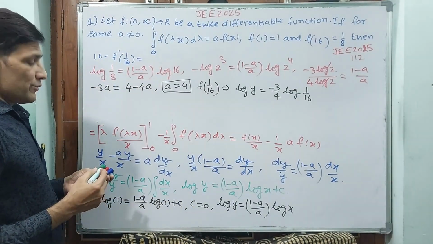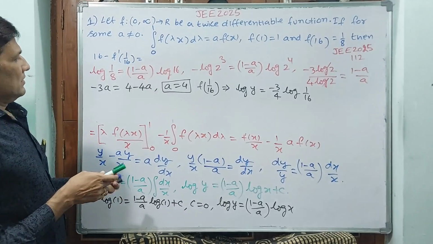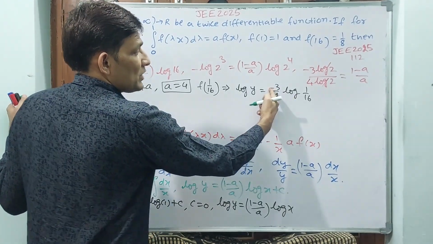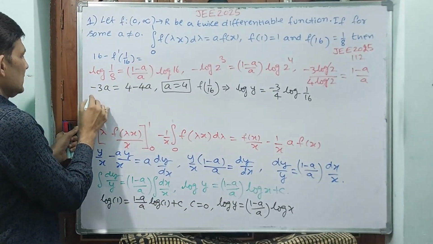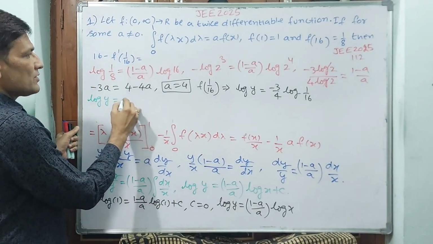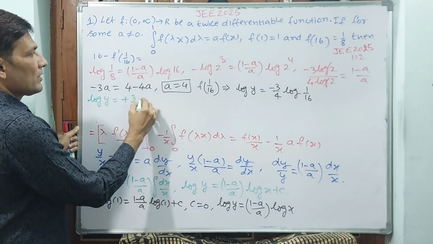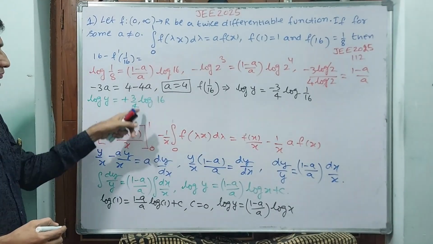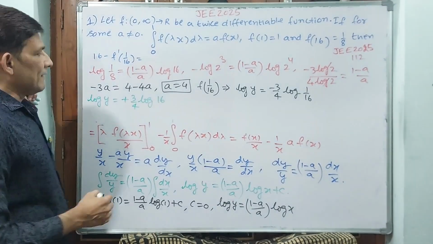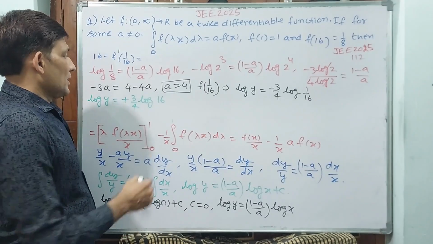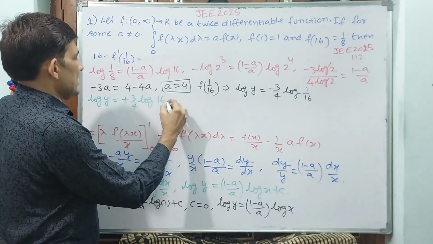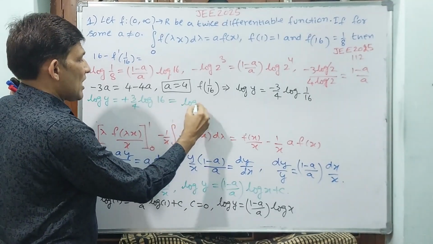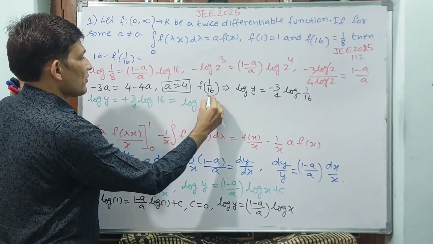How are you going to get this? See, if you keep minus 3 by 4, it is going to become log y is equal to plus 3 by 4 log 16. Is it okay? Now 3 by 4 that side, that means log 16 power 3 by 4.